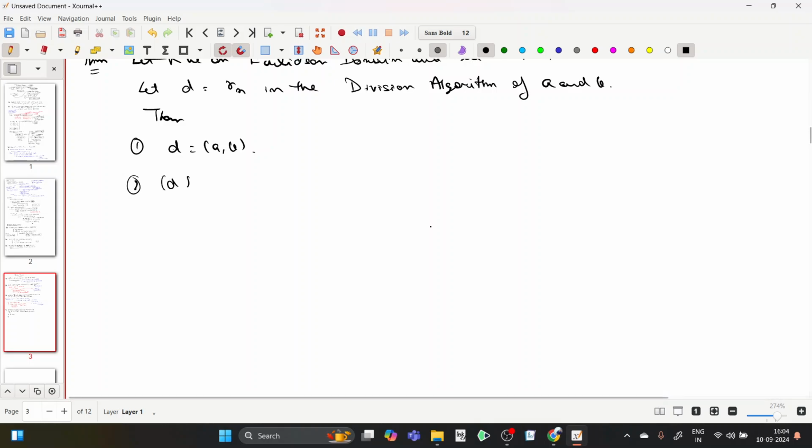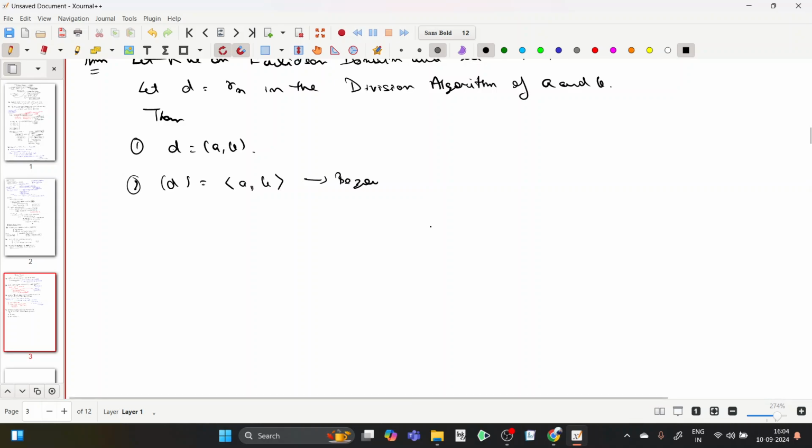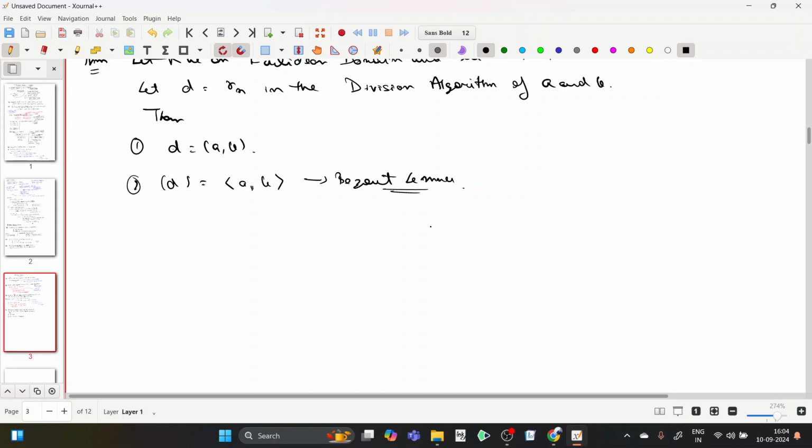Moreover, the ideal generated by D is exactly equal to the ideal generated by A and B, and this is indeed what gives you the Bézout lemma, which I have already previously discussed. What the Bézout lemma typically says is that if I talk about an integral domain, then it's basically a Bézout domain as well. Okay, it's a Bézout domain as well. Clear?